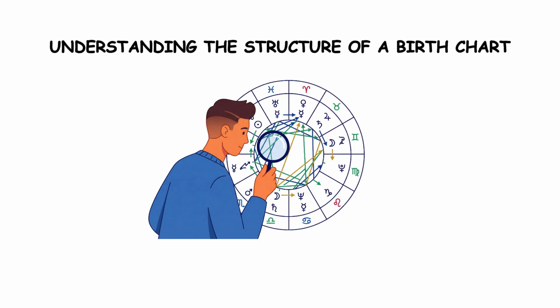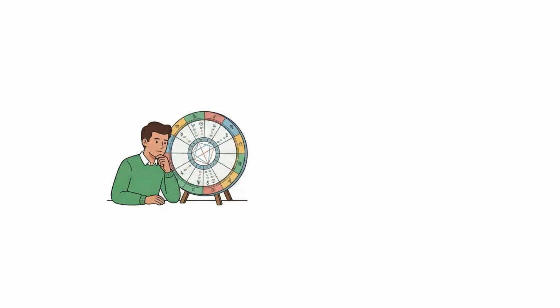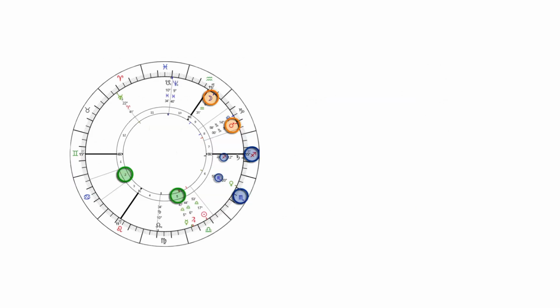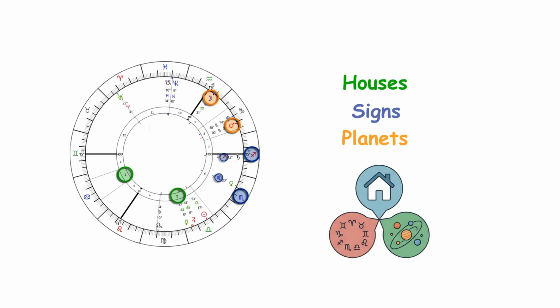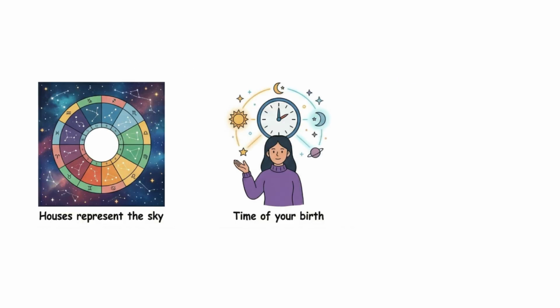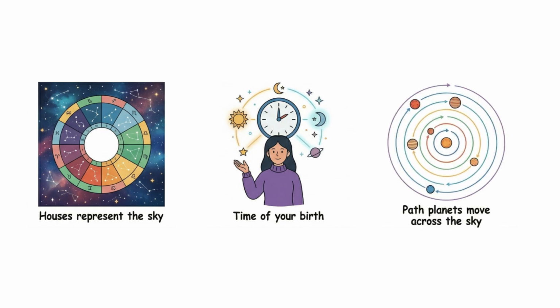Understanding the structure of a birth chart. To begin with, you need a birth astrological chart. On that chart, the houses, signs, and planets make up the three main components. The houses represent the sky at the time of your birth, which is the path the planets move across in the sky.